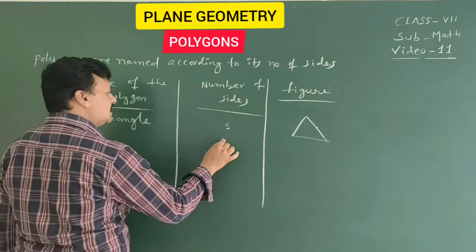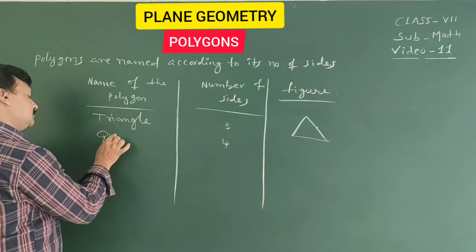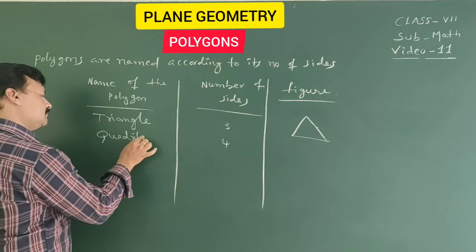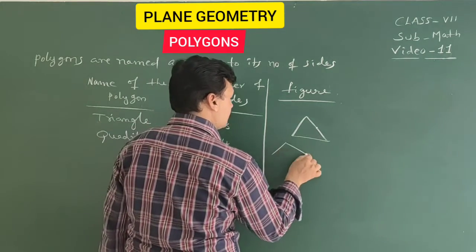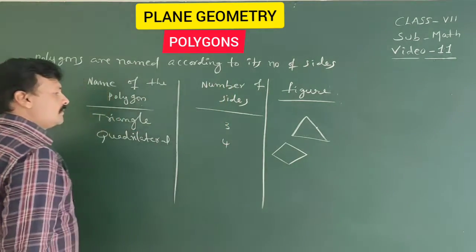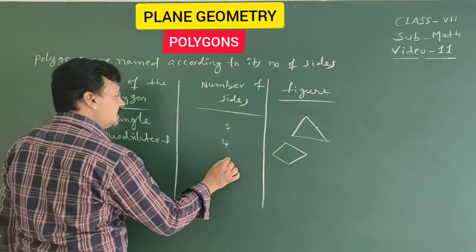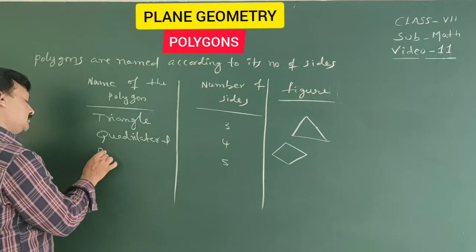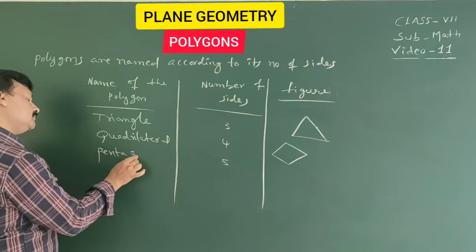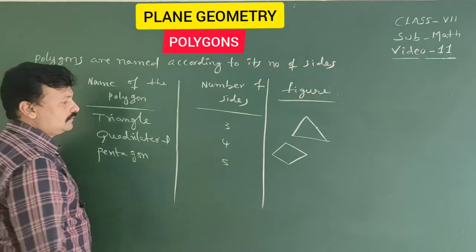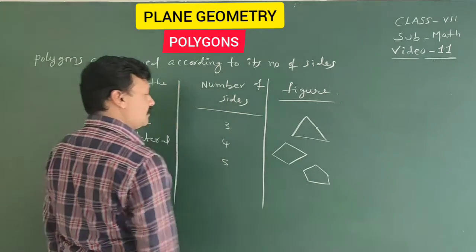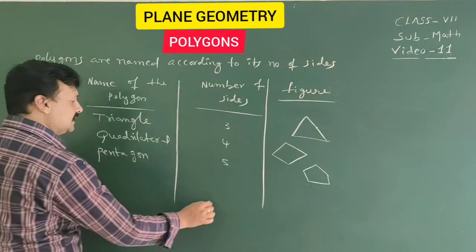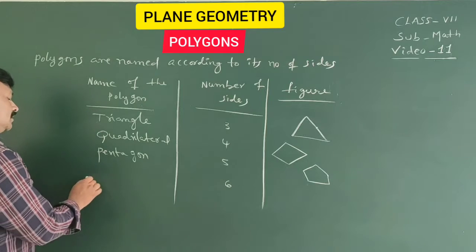Next, 4 sides is a quadrilateral. 5 sides is a pentagon. 6 sides is a hexagon.